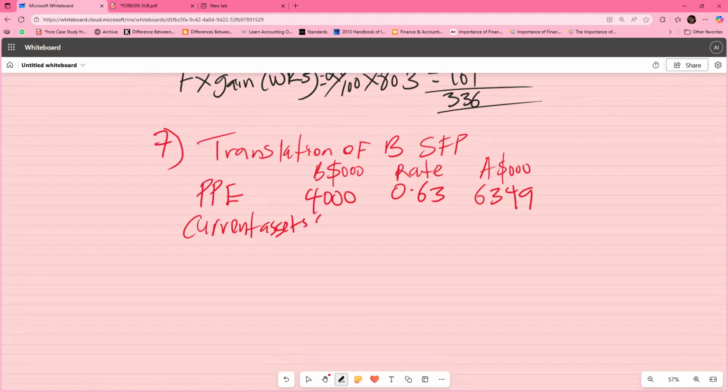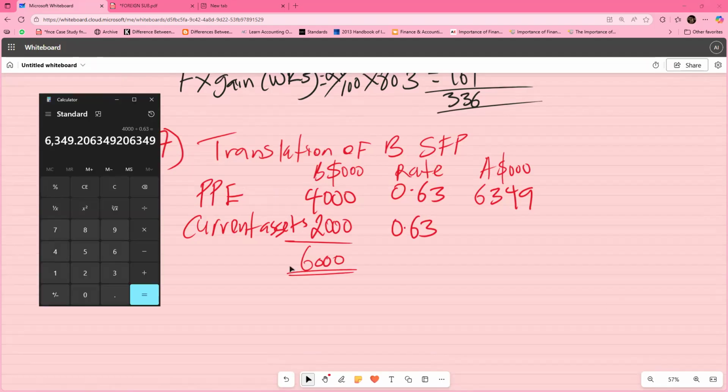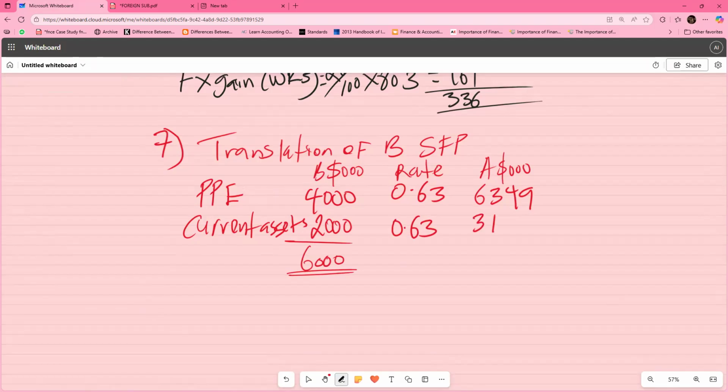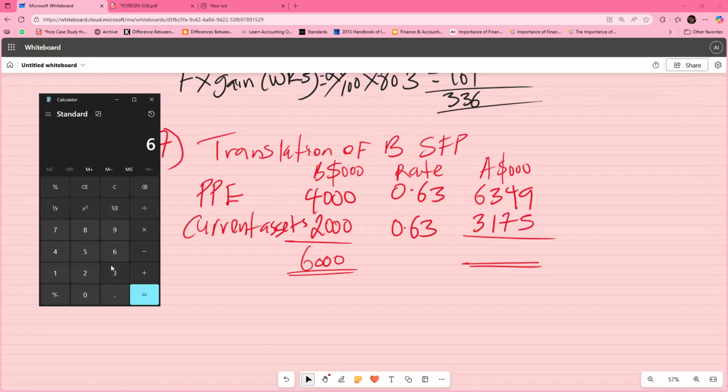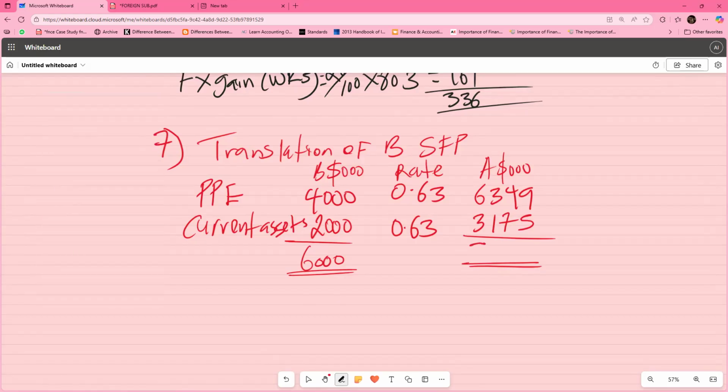That is also divided by 0.63, which gives 3,175. If you add these two together, 6,349 plus 3,175, the total asset is 9,524.